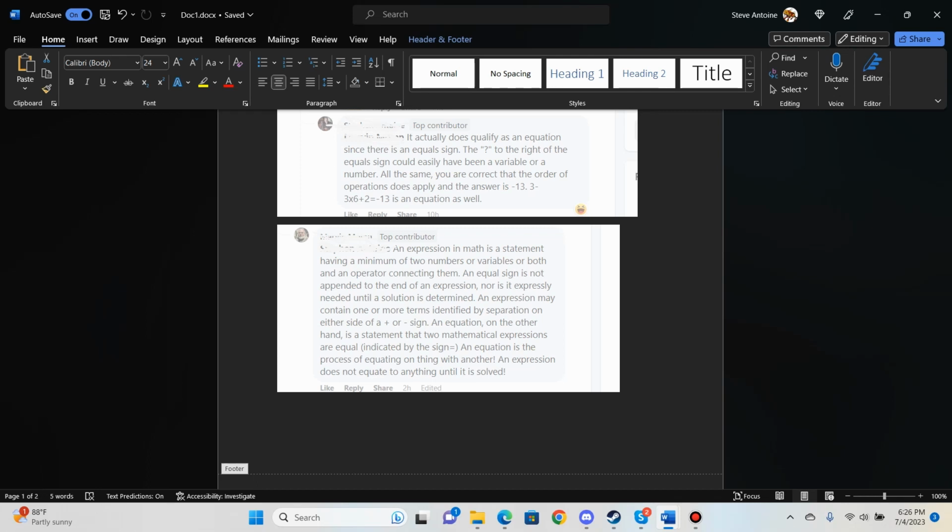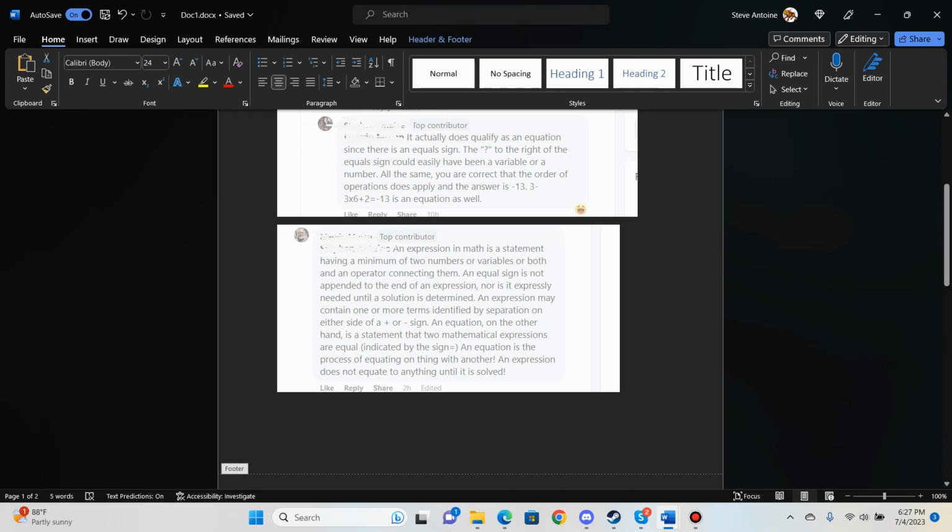An expression may contain one or more terms identified by separation on either side of a plus or minus sign. That's true. 5 plus 5 is an expression. 9 minus 2 is an expression. I agree with that. An equation, this is where I'm really baffled. An equation, on the other hand, is a statement that two mathematical expressions are equal, indicated by the equal sign.